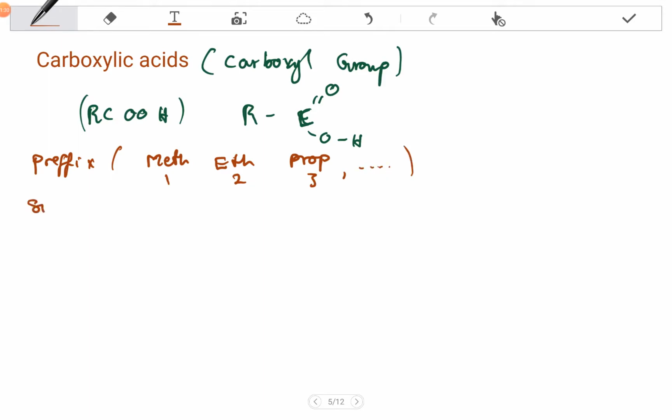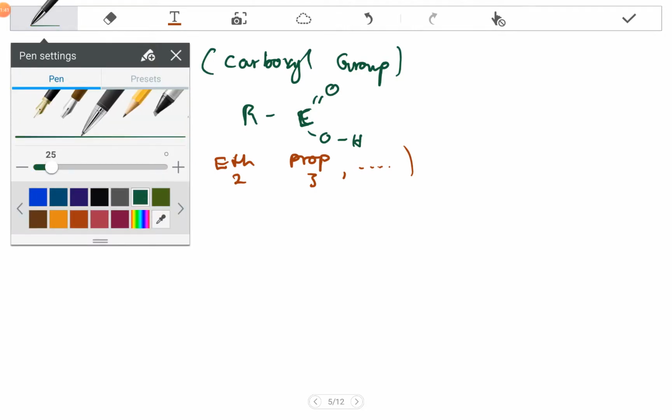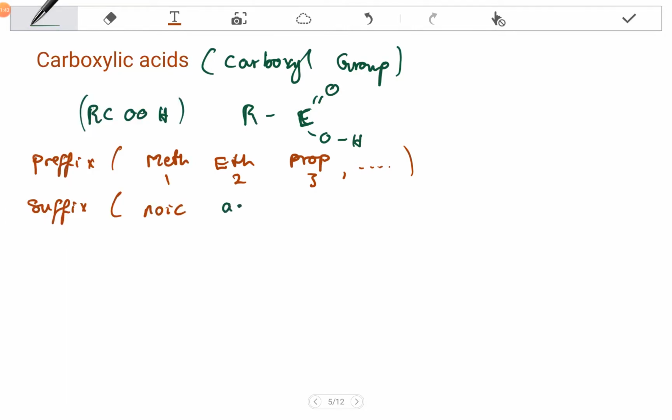And then the suffix for this is going to be noic acid. Each and every name that belongs to carboxylic acid is going to end with noic acid. That's the way we see them.